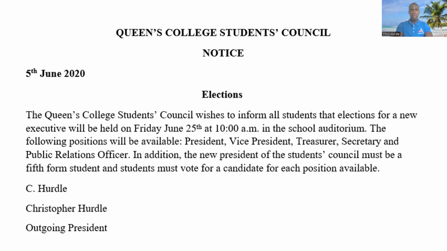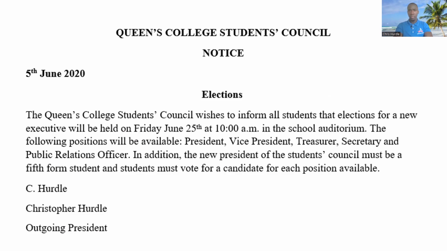All right. So this is the structure of a notice, and this would be placed on the school's notice board, wherever that would be, but it will be placed somewhere where everyone can see it. That's the point of the notice, right? So this is the structure. You start with the entity who is responsible for the notice.